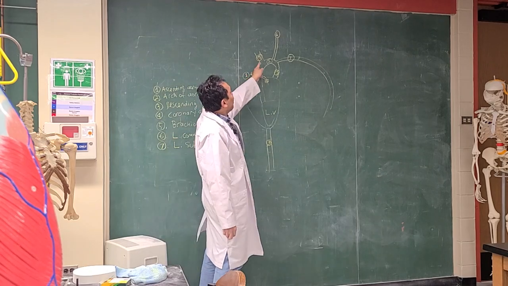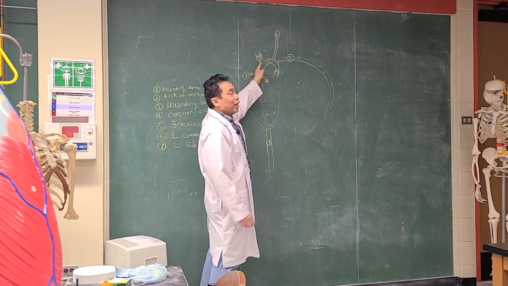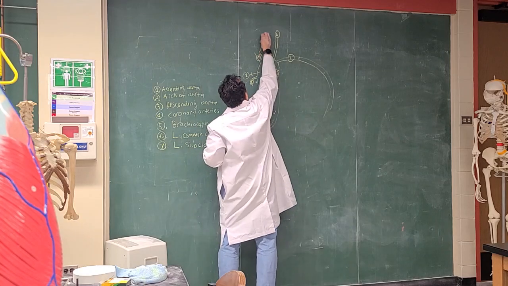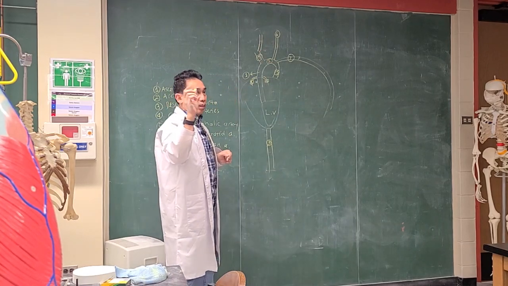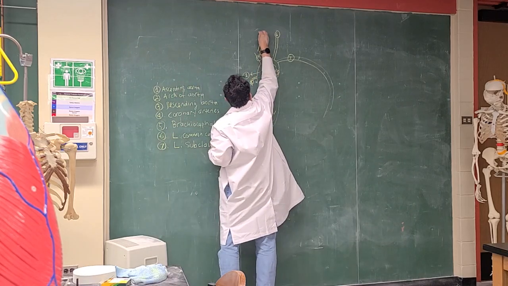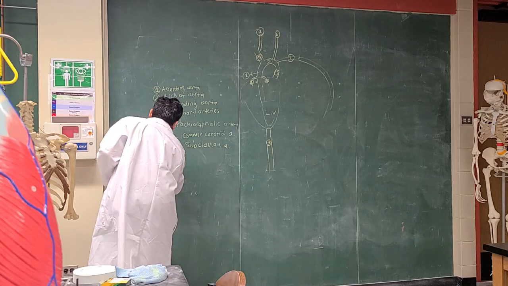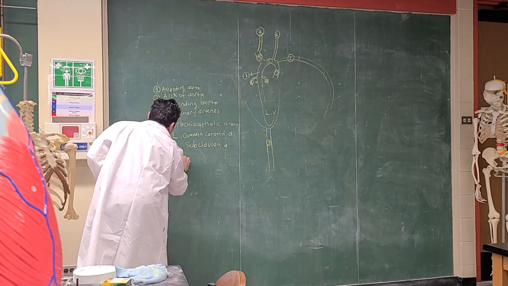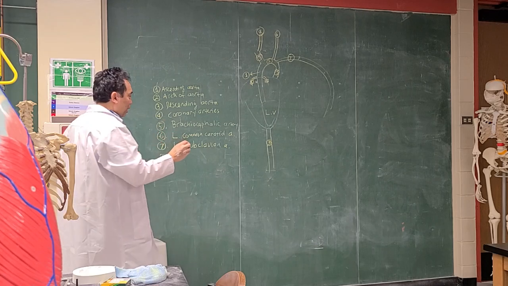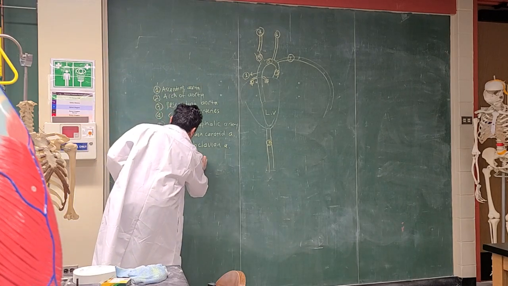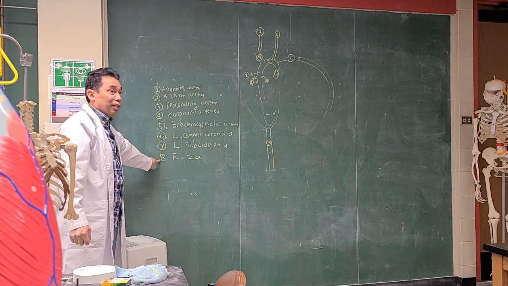Okay, now number 8. Number 8 is a branch from number 5, which is going up to our brain on the right side. So it's going to be 8 over here. That number 8 is going to be called the right common carotid artery, right CCA. This is 6 and 8.